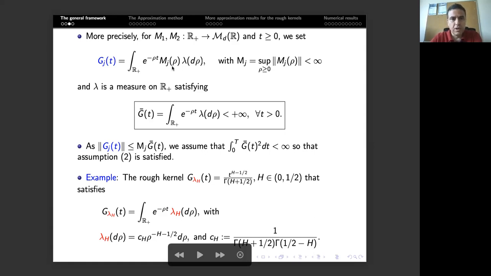So if we consider the simple case dimension d equals 1, then our kernels stated here are exactly of completely monotone behavior.